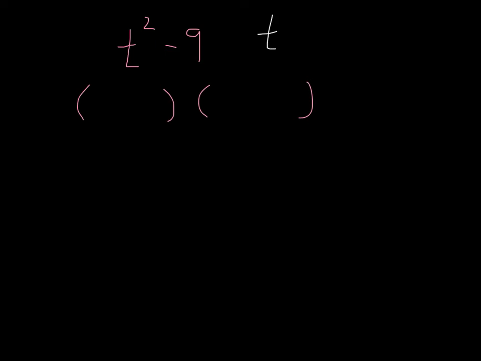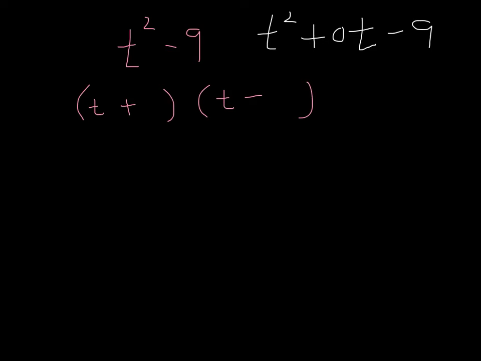I don't really want to formally write it this way, so the way I think about it is I have a 0t, that linear term, right, is 0. So when I'm thinking about the splitting of my binomials, that 9 is negative, so that's a plus and a minus. And t times t gives me t squared.